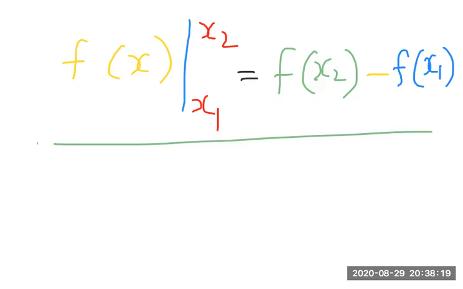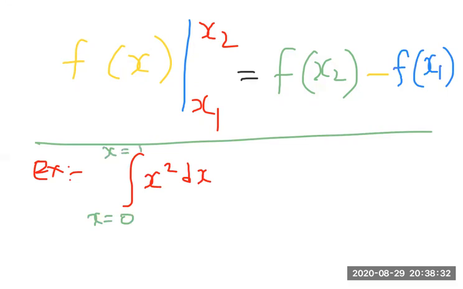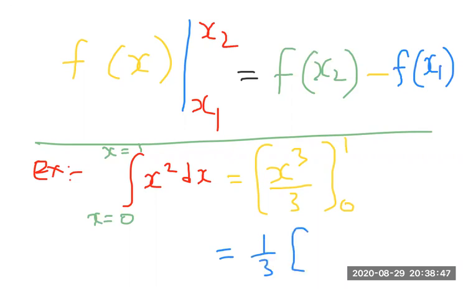For a small example, I will take how to apply integration. A very basic example: the integral of x squared dx from 0 to 1, a displacement interval from 0 to 1. Simply, x squared dx gives x cube by 3, that we know. The lower limit is 0 and the upper limit is 1. Keep the 1 by 3 outside, since 3 is a constant.